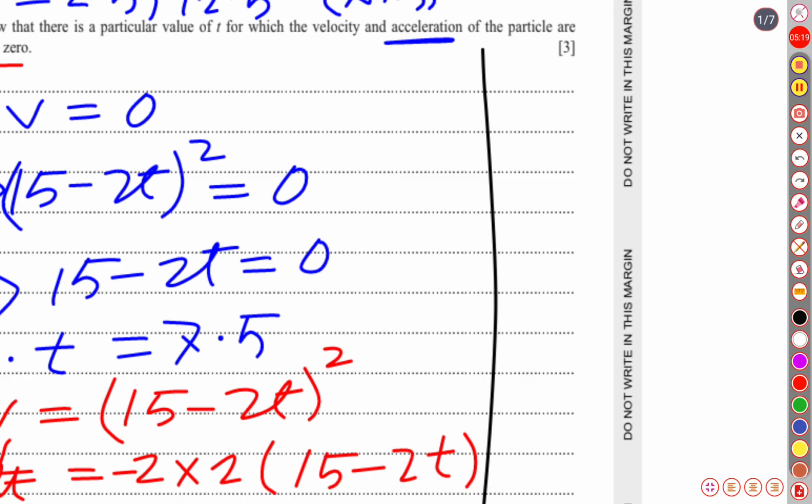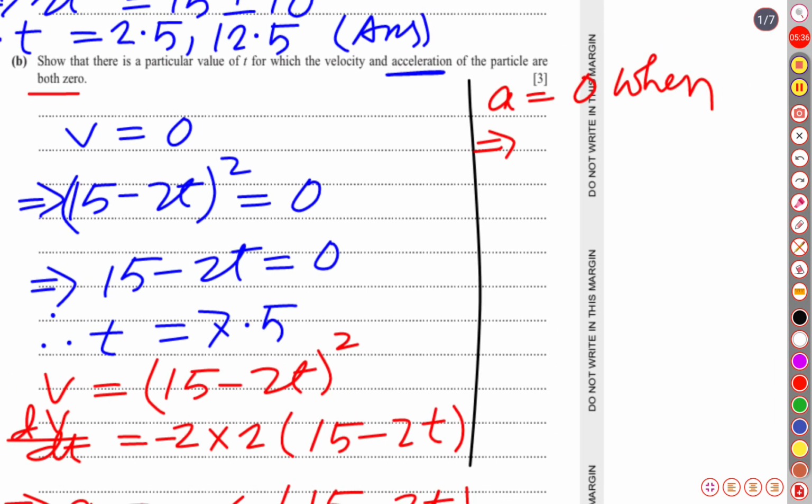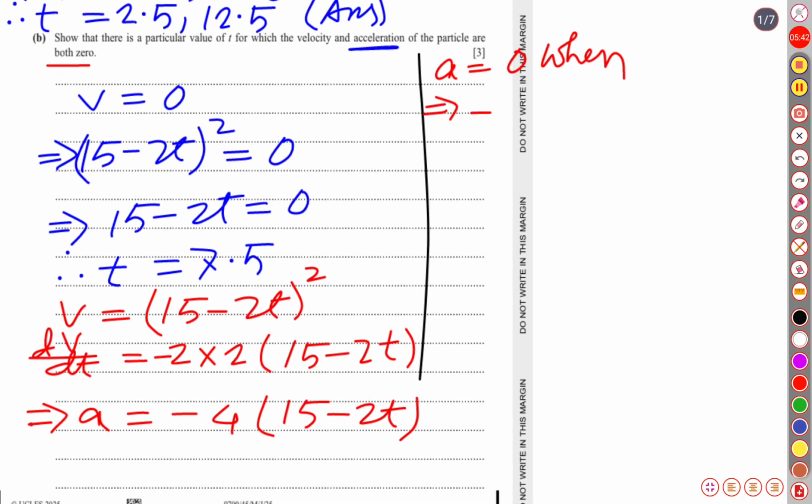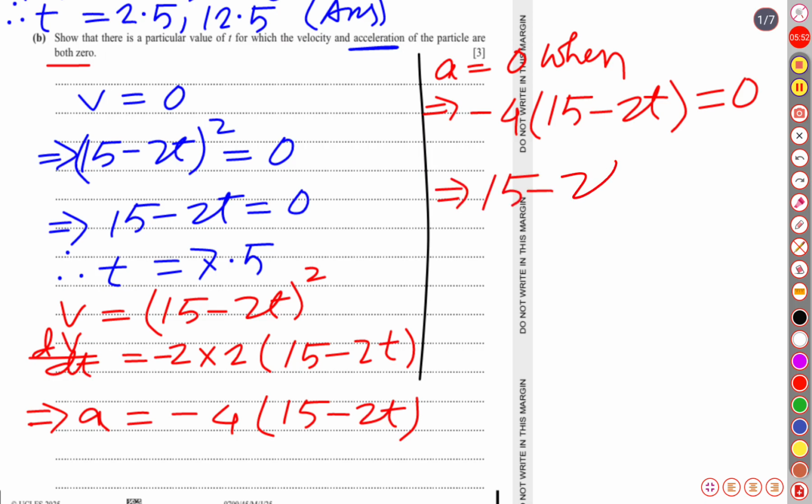We have already obtained a is negative 4 into (15 minus 2t). Negative 4 into (15 minus 2t) is equal to 0. That means 15 minus 2t is equal to 0. Hence, if we make t the subject, it is going to be 7.5.